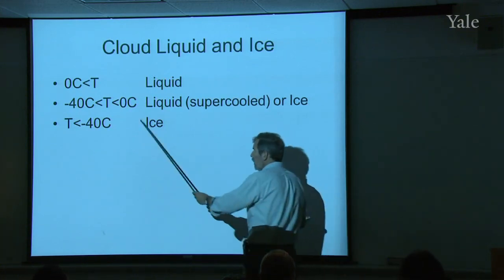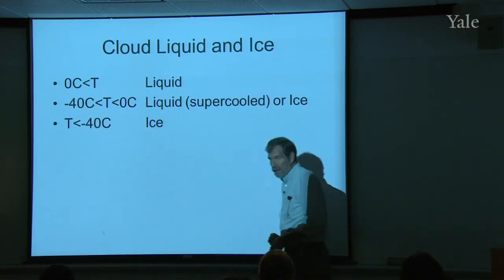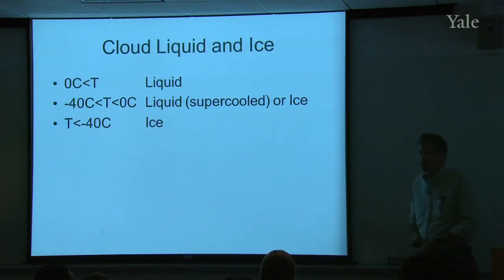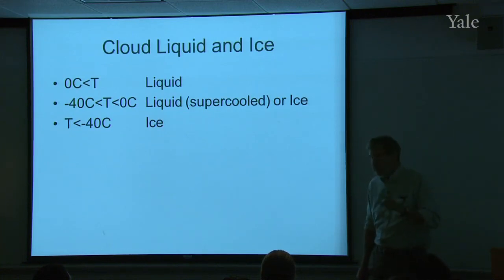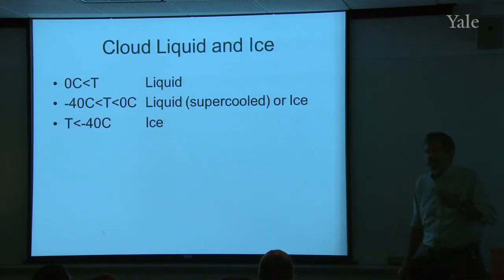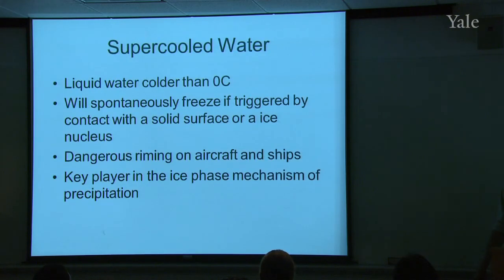But if it's in this intermediate range, this rather wide intermediate range of 0 Celsius down to minus 40, it could be either liquid or ice. If it's liquid, we call it supercooled liquid because it is below its normal freezing point.